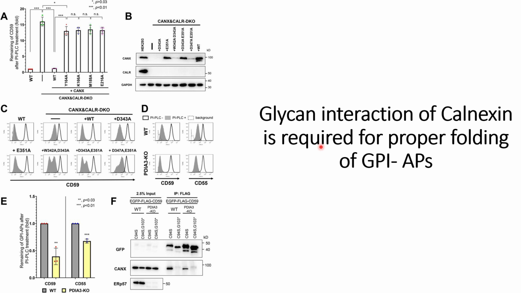whether this disulfide bond interaction, which is usually done by ERP57, yeah, ERP57 interacts with this Calnexin, and thereafter that complex can interact with the glycoproteins and help the proper disulfide bond formations.